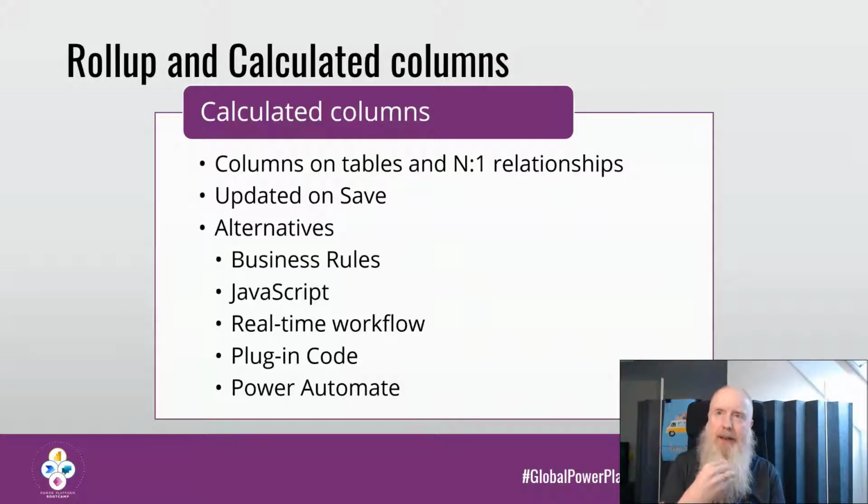So if the user needs an immediate response, like when somebody types something, and they need to see it the moment they type, not have to wait for save, then you can't really use a calculated column. It's the same way that plugins and real-time workflow and Power Automate only trigger when a record is saved. So the save is what triggers calculated columns, workflow, plugins, and Automate. If you need something sooner than that, JavaScript or business rules.